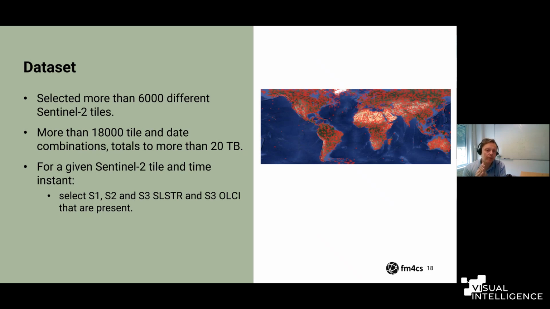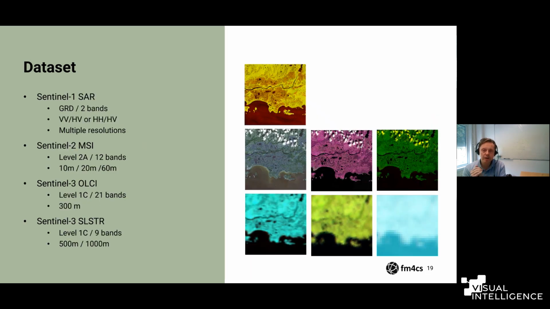So in total, for each Sentinel-2 tile and time instant, we also selected the corresponding Sentinel-1 and Sentinel-3 data that covered the exact same area. So the dataset in the end, from a given area, includes Sentinel-1 SAR. They have two different bands, two different polarizations.